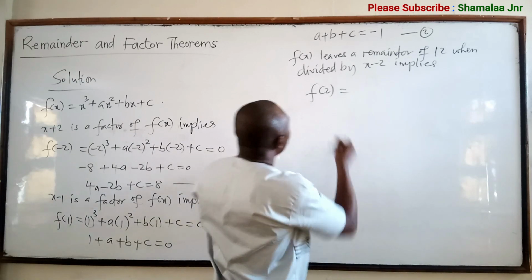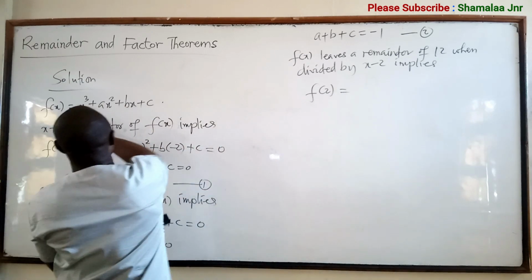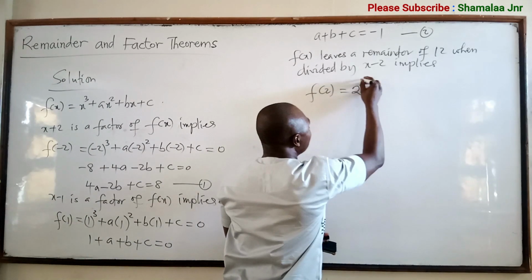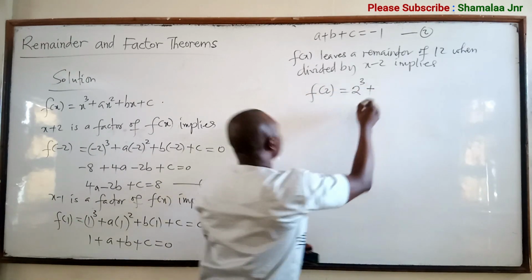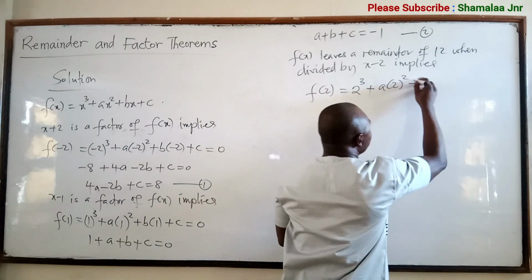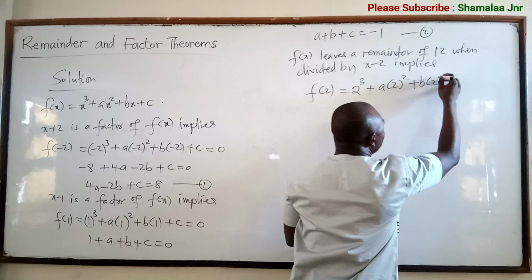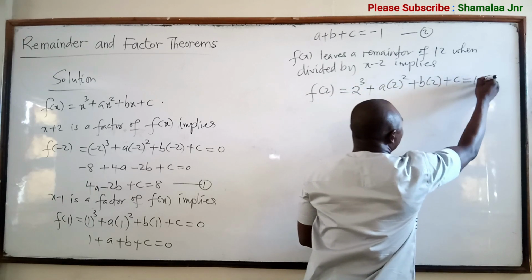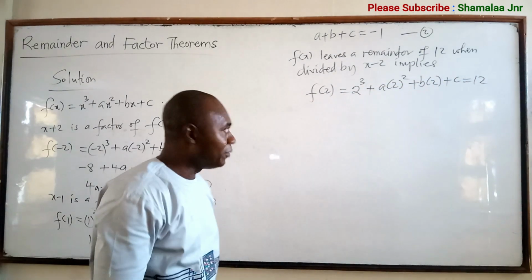So wherever you see x, you write 2. This one will be 2 raised to the power 3, plus a times 2 raised to the power 2, plus b times 2, plus c, and this should give us 12. That's the meaning of the question.